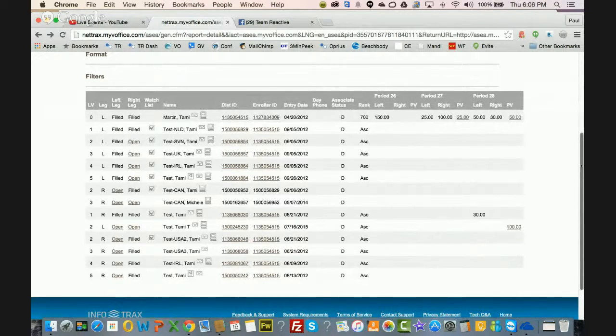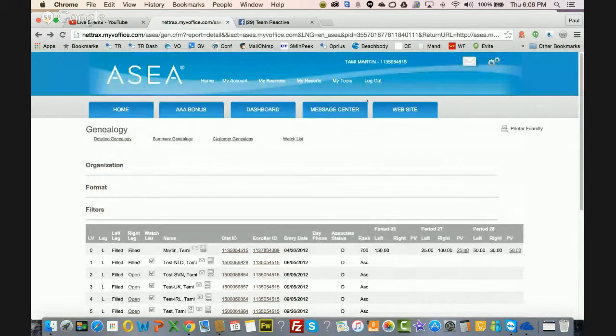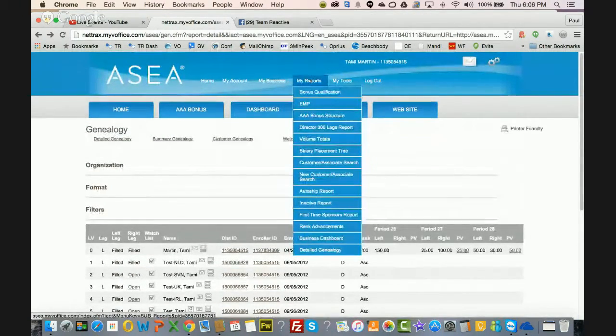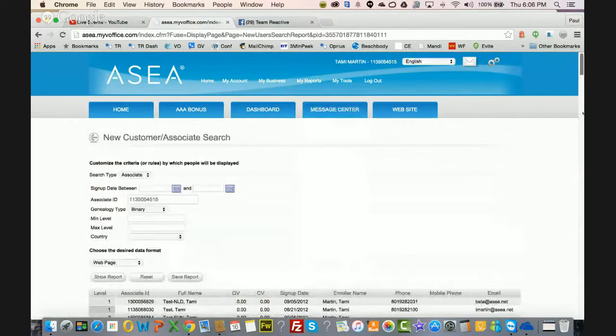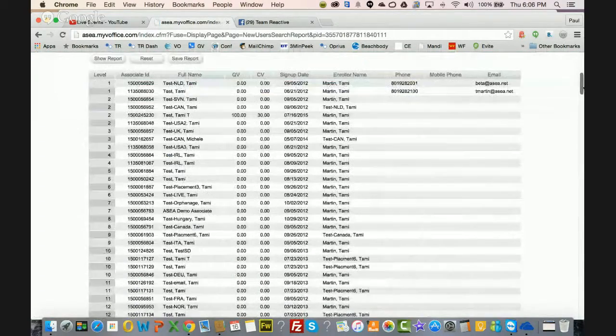But if you're looking for new enrollments, another good report, more accurate, is new customer / associates. Search new customer / associate. If I scroll down, here's where you could immediately see at a glance when these people are coming in, the most recent enrollments from the group.